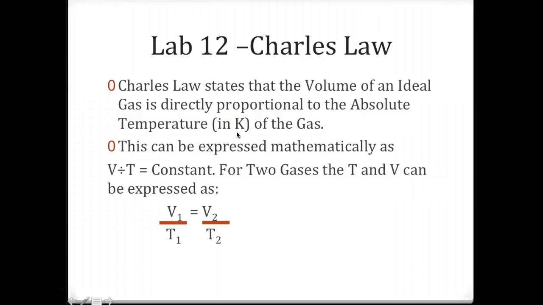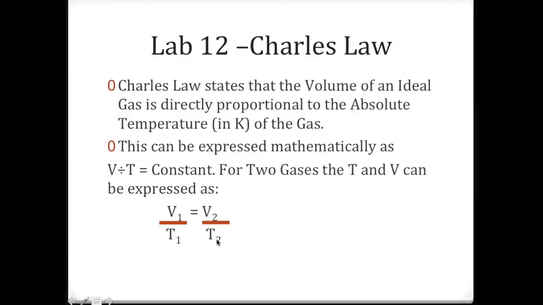Remember, anytime you do any kind of problems in gas laws, make sure you convert the temperature from degrees centigrade to Kelvin. So Charles' law takes the form V1 divided by T1 is equal to V2 divided by T2.